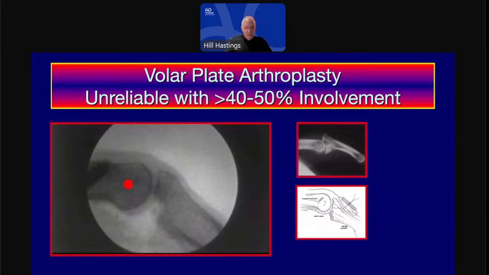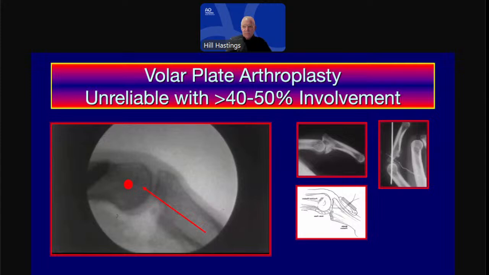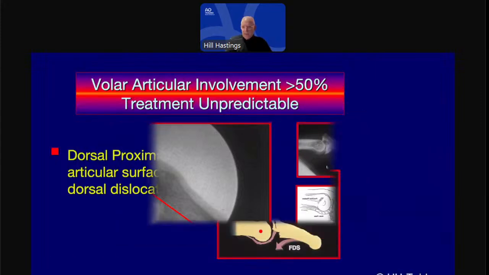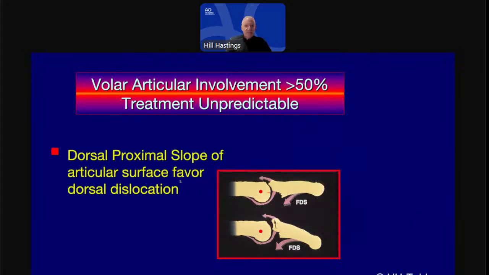So as Emil showed, the joint tends to slip out. So with these greater than 50%, all you have is the upslope of the joint. This was a case in '83 that I personally did with Dick Eaton when he visited. And as you can see, the volar plate arthroplasty is handled, the joint's pinned, and then the minute the pin is pulled, it immediately redislocated.